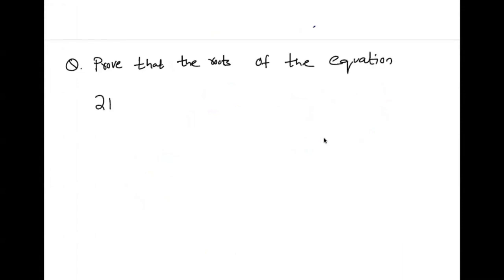Now try this question. You need to prove that the roots of the equation 2kx square plus 5x minus k equals to 0 are real. Sir, could you just give me a minute for it?